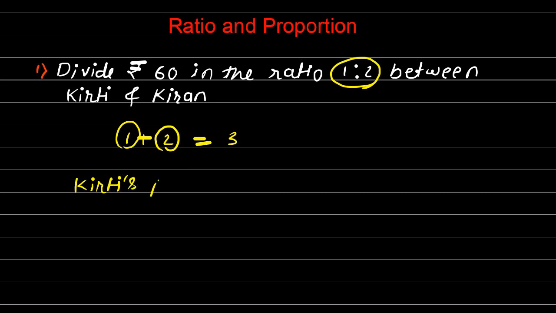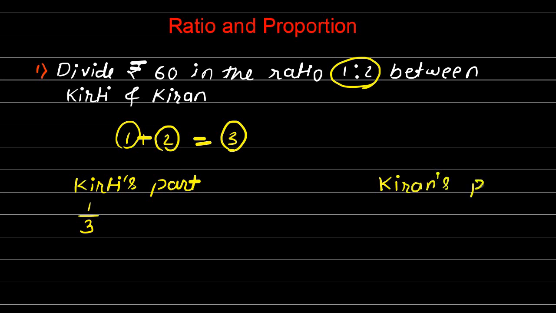For Kirti's part, out of total parts 3, Kirti's part is 1, right? So her part is 1/3. That means if total parts are 3, we are saying 1 part is for Kirti, right? So this is the fraction for Kirti's part. Now Kiran's part.